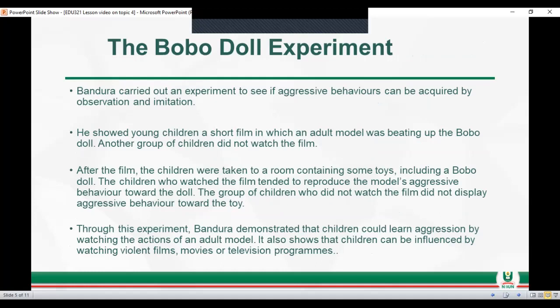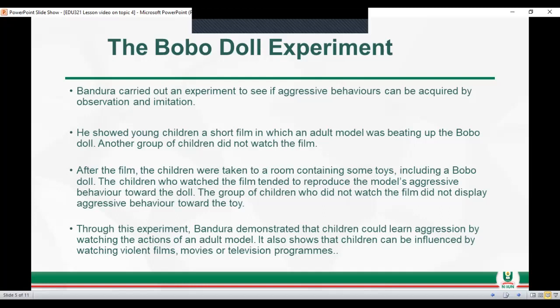Remember, we said parents serve as role models, teachers, people the children see on the street, and characters on TV. So most probably any adult model was beating up this Bobo doll. A Bobo doll is a big, inflated doll.